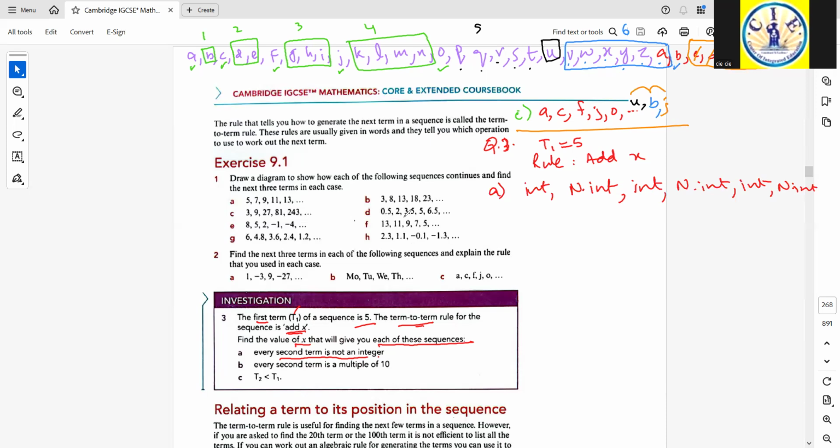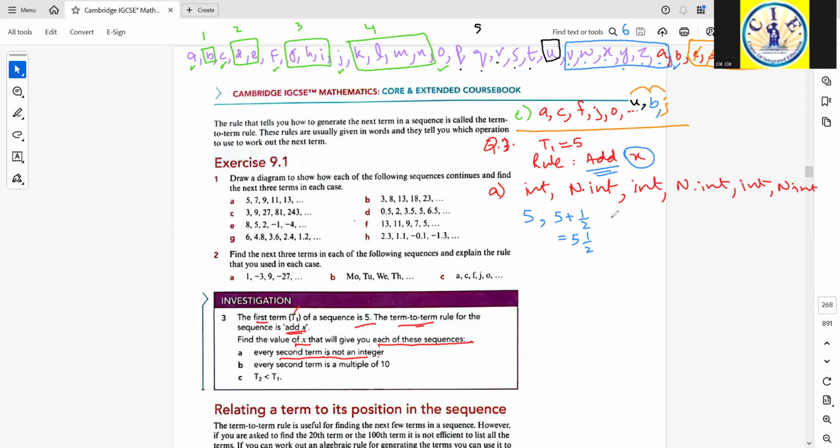So I need to have x being added to that 5. If 5 is an integer, and I add half to this 5, that would give me 5.5. That is obviously not an integer.